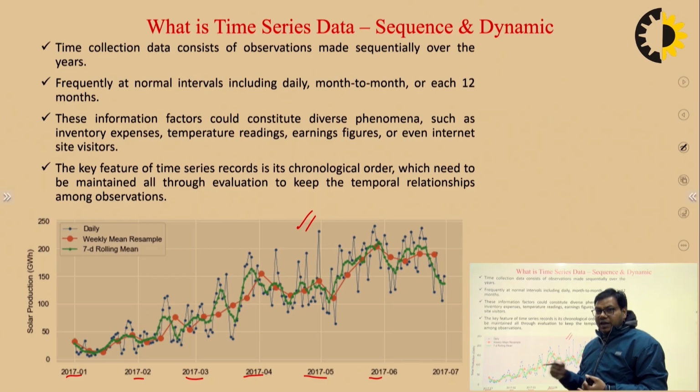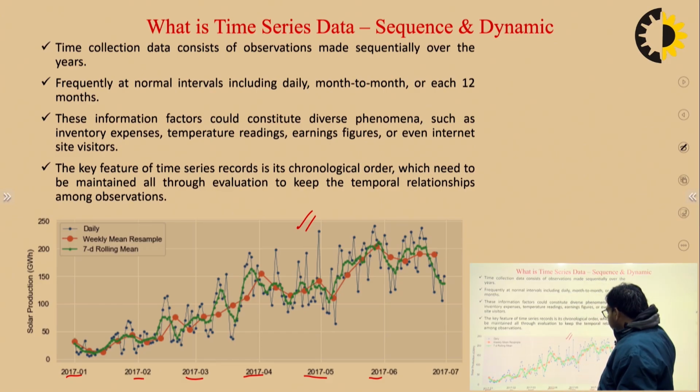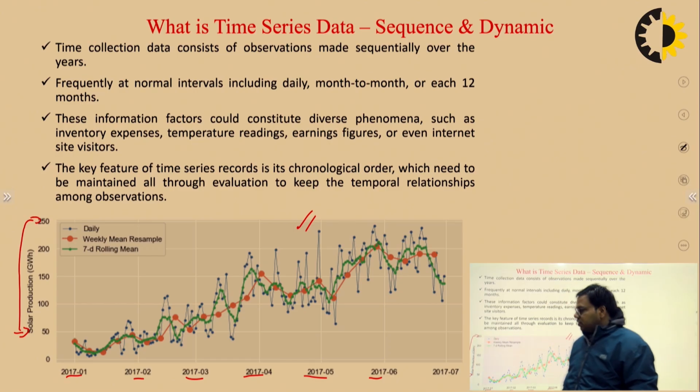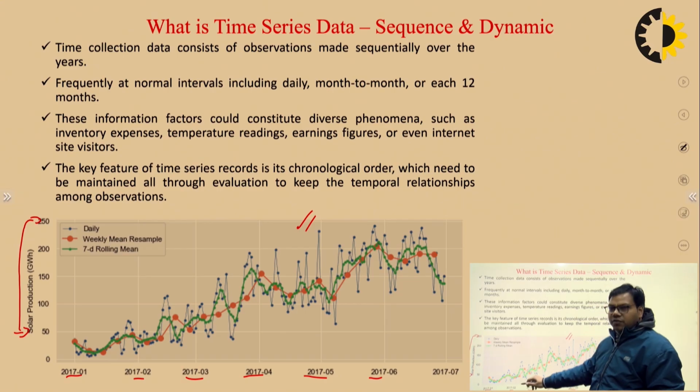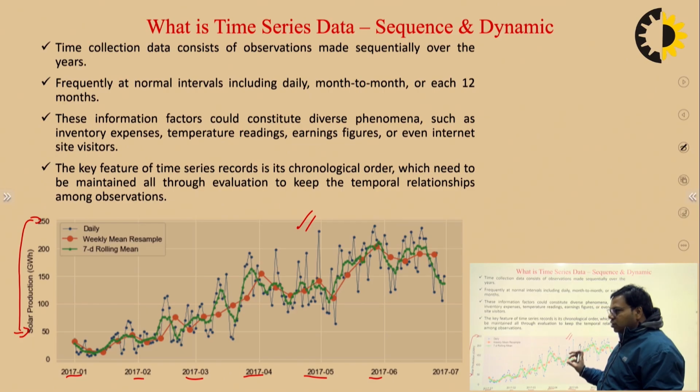It could be days, weeks, months, years, decades, etc. So these are your time components, or I must say the time scales, and this is my value on which I am interested in finding the changes or a pattern, how the value is changing over a period of time, right? This is the most common chart generally seen for analyzing any time series data.